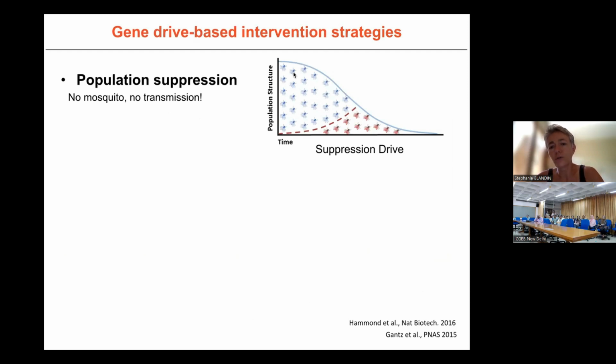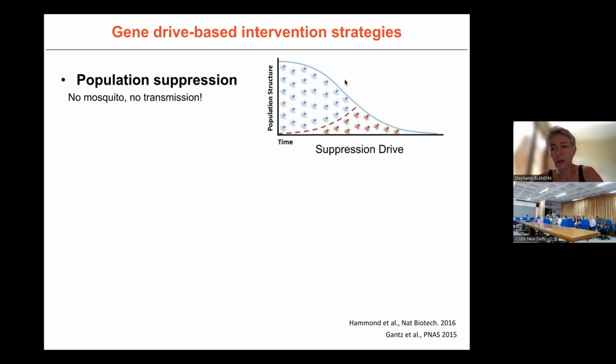For this, you could, for instance, target a fertility gene in females, and if the females become sterile, then at some point the population will crash. Now, this is not what we would work on, because if the mosquito species is endemic, it also has its role in the ecological niche, and that might be perturbing it and creating an even worse situation.